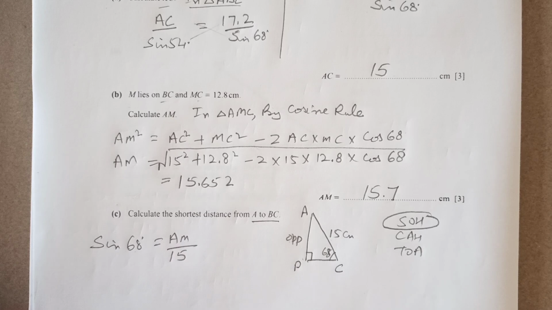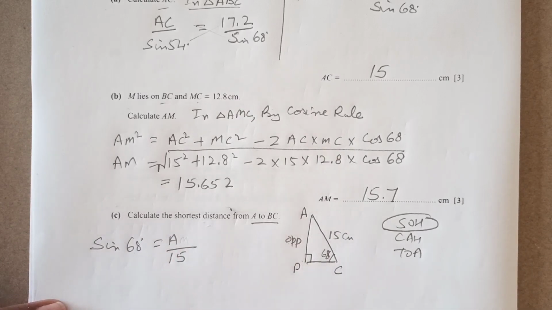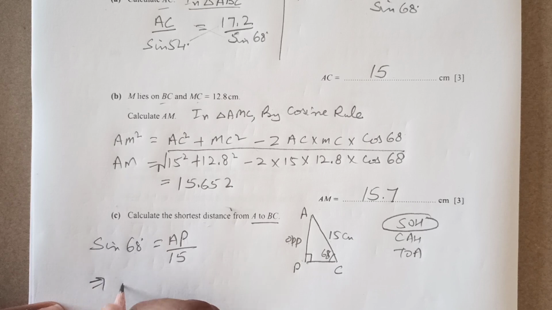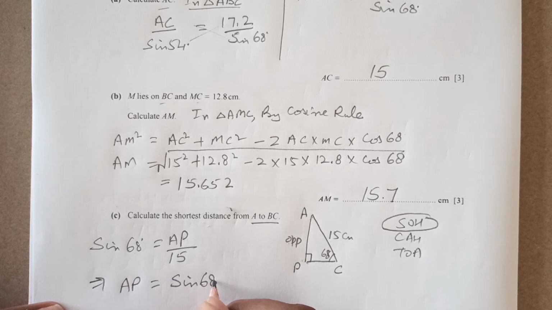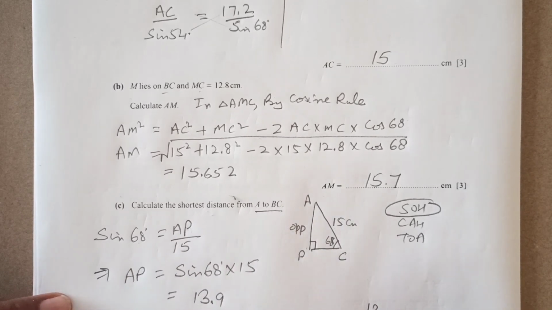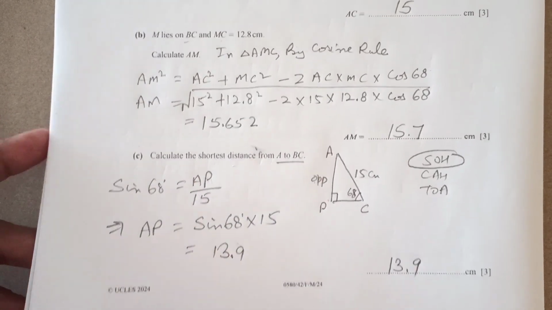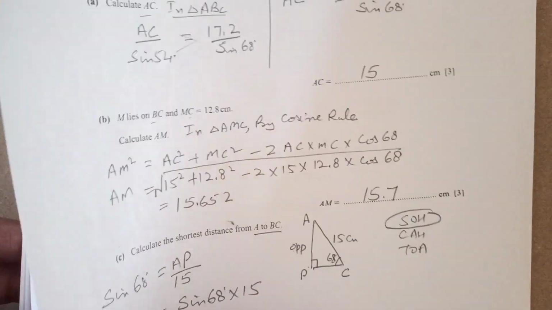I'm sorry, AP is this one here. So from here AP is going to be sine 68 times 15, right? So that is 13.9 centimeters. Okay. So now let's move to the next question.